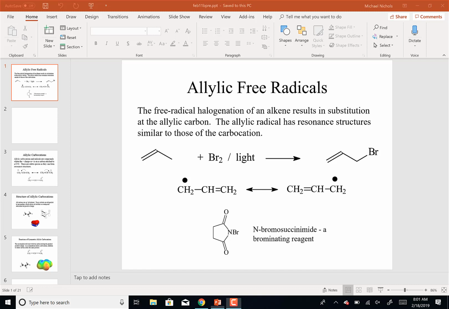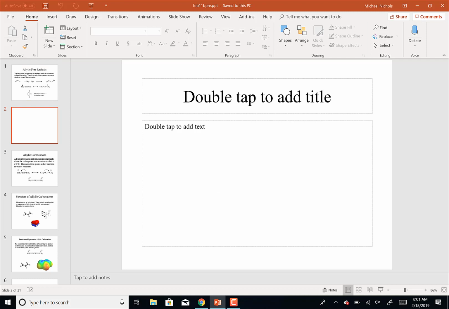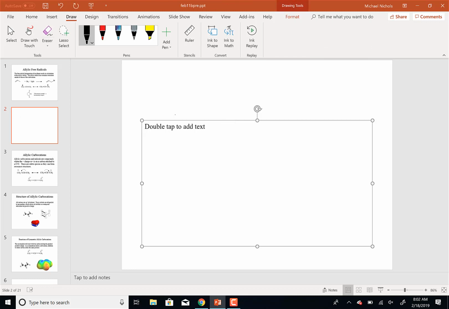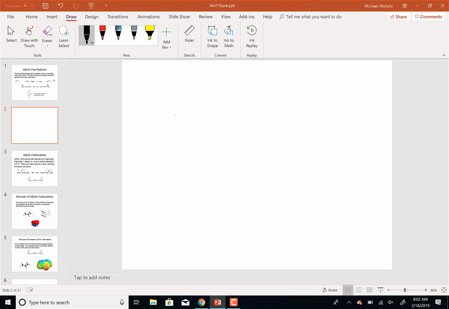Well, there's one thing I want to finish, and that is the issue of our selectivities of looking at an allylic system.